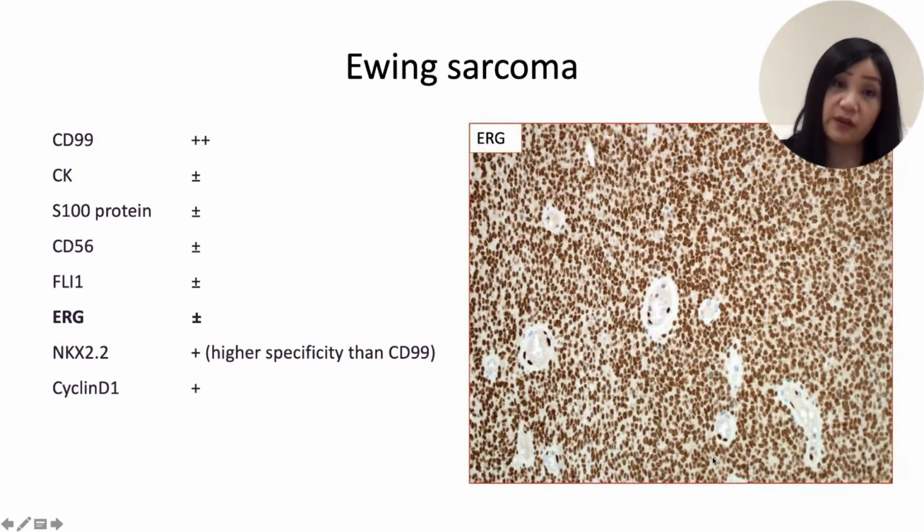This example shows diffuse and strong ERG expression, and genetically showed EWSR1-ERG fusion. Prof has spoken about NKX2.2. If you have it, it is a useful marker. I don't personally have experience of it, and there could be variable cyclin D1 expression.